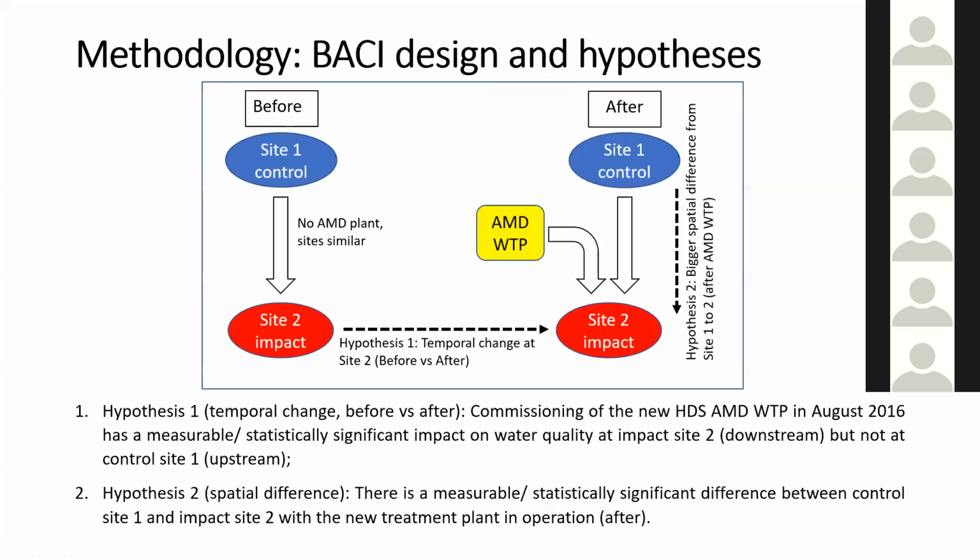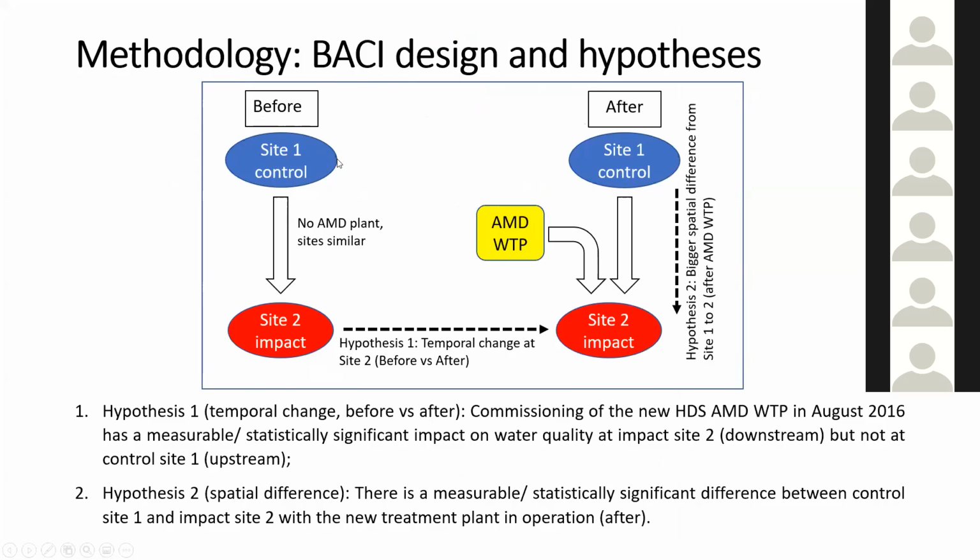So the next slide. Okay, so the BACI design and hypothesis. This is briefly what I was explaining earlier. We have a before situation and an after situation. If we just start with the before situation, we are comparing site 1, which we've named the control site, to site 2, which is the site that's downstream of the AMD water treatment plant.